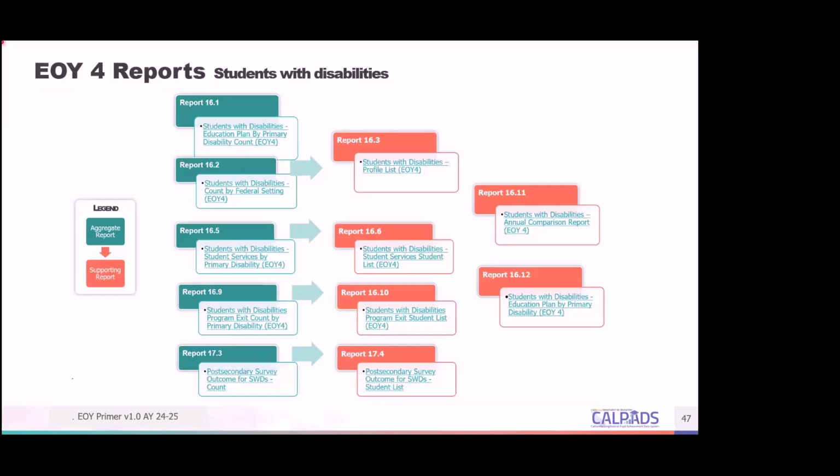Typically, your SELPAs will wait until they can review an LEA approved revision. So the earlier you approve your end of year 3 and 4 reports, the earlier the review and approval by your SELPA. So the more time you will have to work on data quality for special education data.